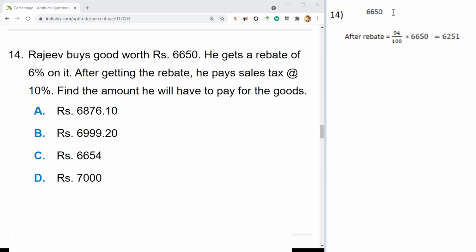After getting the rebate, he pays sales tax at the rate of 10%. On this amount, he has to pay 10% extra. That means 110% he has to pay. After sales tax, the amount is 110 by 100 into 6,251, which equals 6,876.1, which is option A.